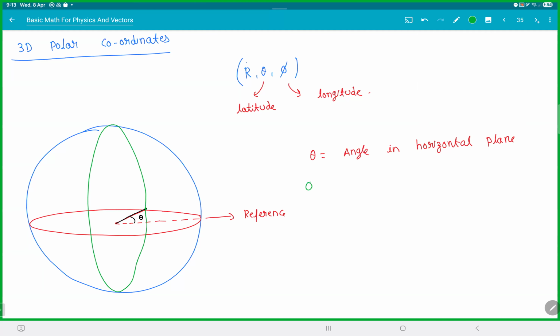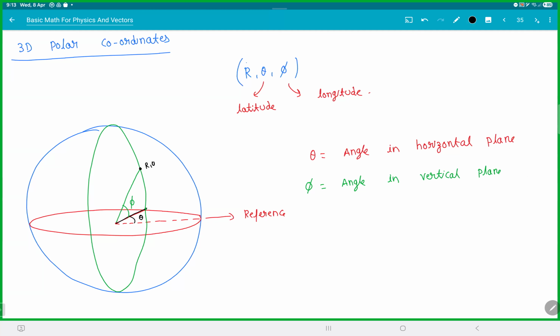Now when you say phi, this is an angle in the vertical plane. You're rotating in the vertical direction now. So there's one horizontal rotation, there is one vertical rotation. When it goes up like this, that angle is your phi. And that's your location there.